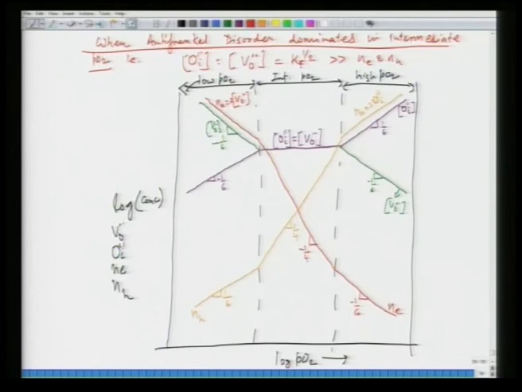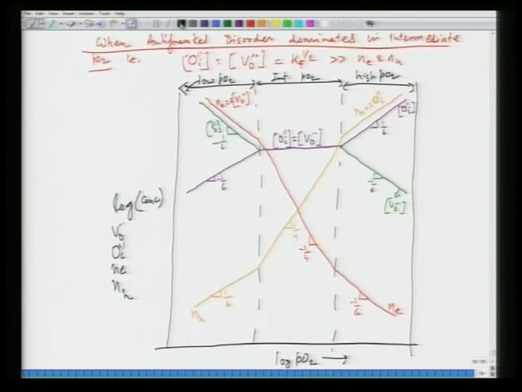So, NE is equal to 2 VO in the low pressure range, it follows PO to the power minus 1 by 4 in the intermediate pressure range and is much smaller than VO or OI concentration, and then again it follows minus 1 by 6 in the high pressure region. Similarly you can work it out for NH as well. NH goes as plus 1 by 6, in the intermediate region it is plus 1 by 4, and then again it is plus 1 by 6, but much smaller than any in the lower pressure regime.